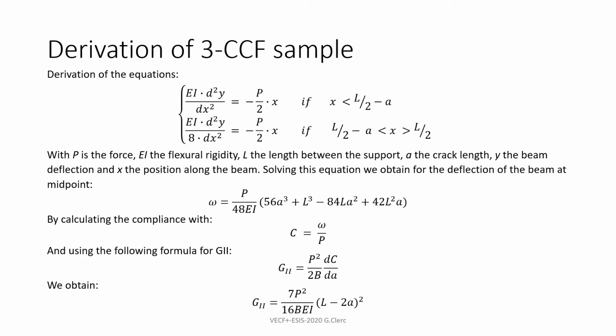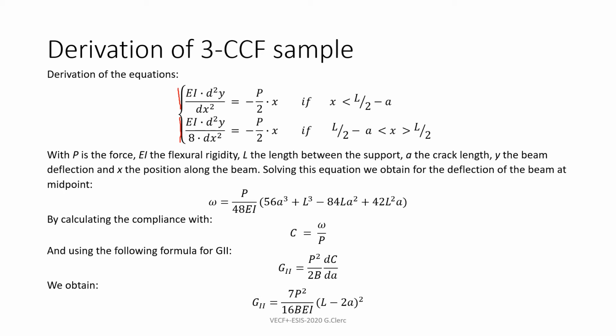Now that we have defined these two different zones, we can write our differential equations. For the non-cracked part, we have this equation, and for the cracked part, we have this equation. Again, we have EI, which is the flexural rigidity, x, the x coordinate along the beam, y, the deflection, and P, the load.